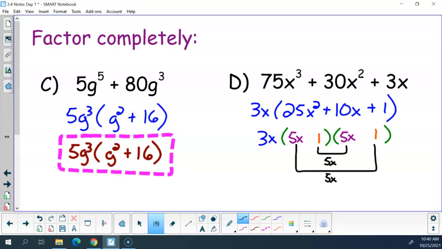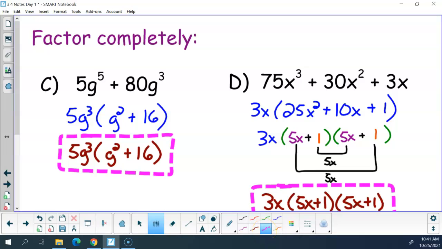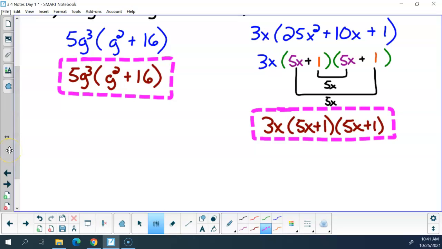And that gets me, if I go plus and plus, 10x. Yep. So this one fully factored is the quantity 5x plus 1 times the quantity 5x plus 1. You could also write this one as that.